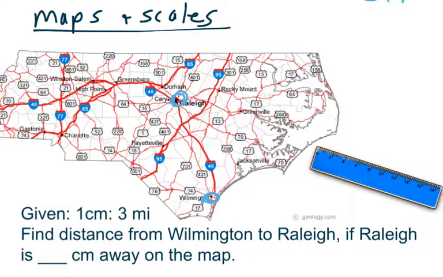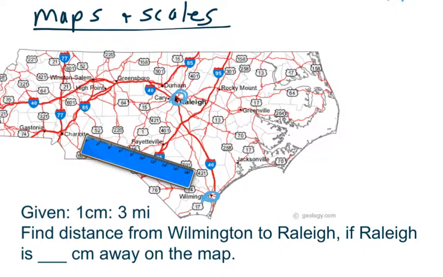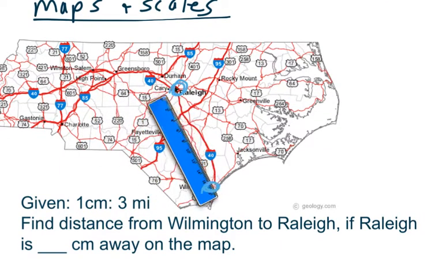We need to figure out how many centimeters that is. So we would actually get out our centimeter ruler, and we would measure it, and see how far it is from there to there. And let's say that that measurement gave us 43.7 centimeters. I know it's not drawn to scale.